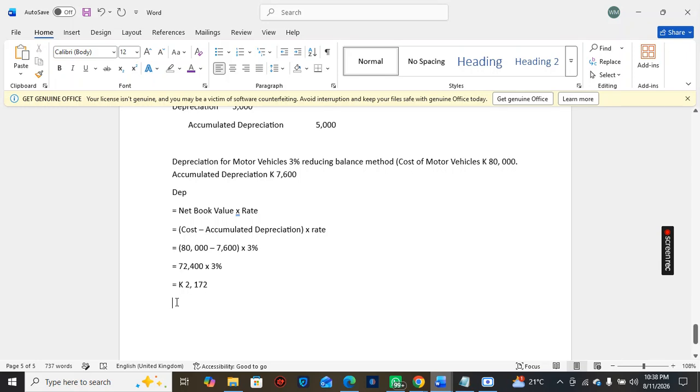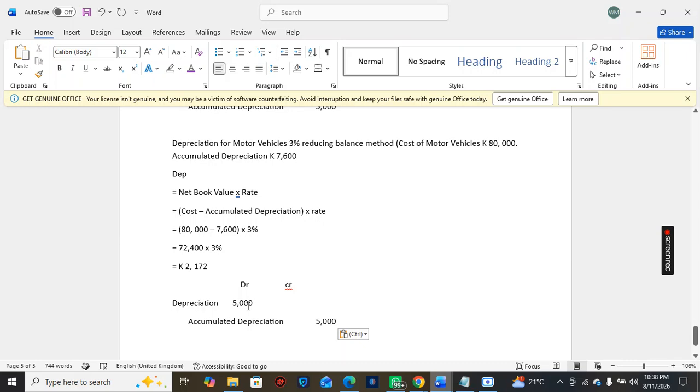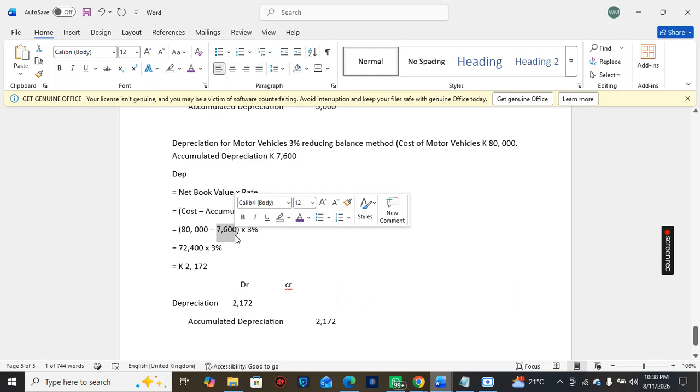Okay. So remember the double entry: you debit depreciation 2,172, you credit accumulated depreciation 2,172. And as I said earlier on, for this credit entry you add this 2,172 to the old accumulated depreciation to get the new accumulated depreciation for the year.